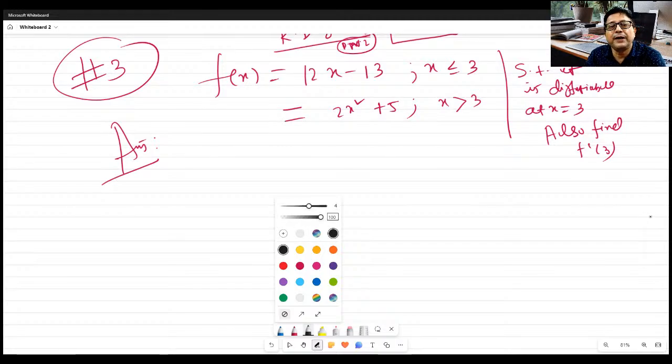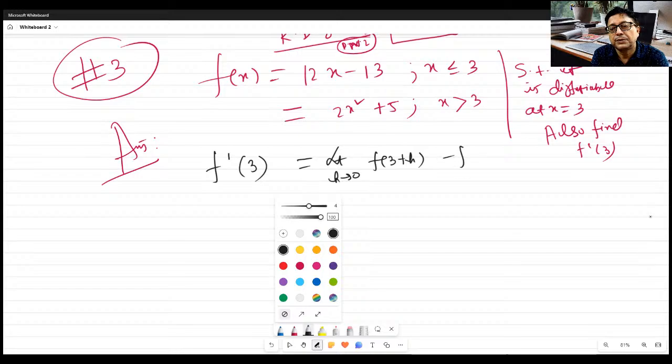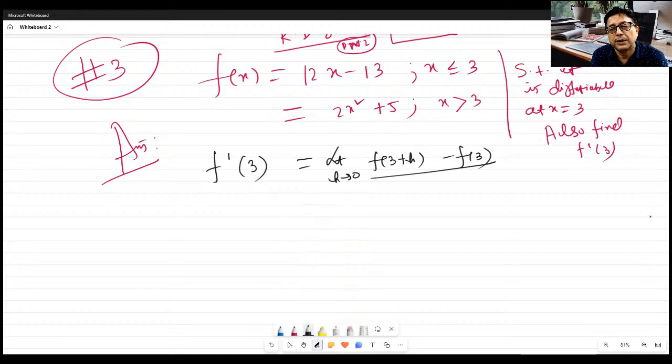So LHD you will find definitely. Before that, you write this thing clearly. F dash 3 they asked. So it is limit h tending to 0, LHD or Lf dash 3, you just replace h by minus h.